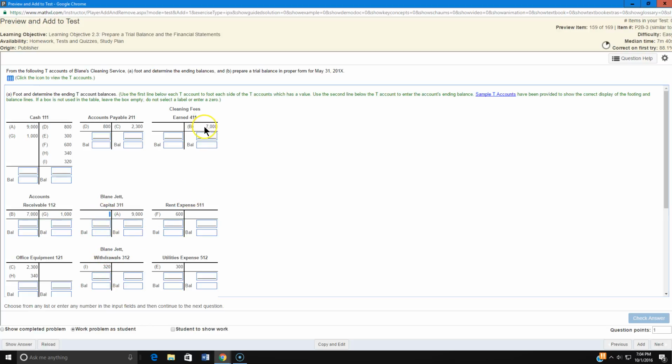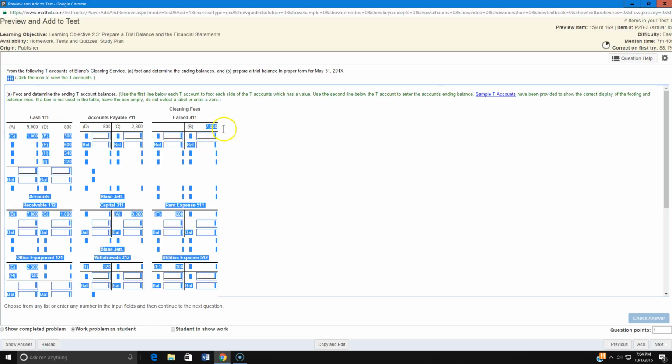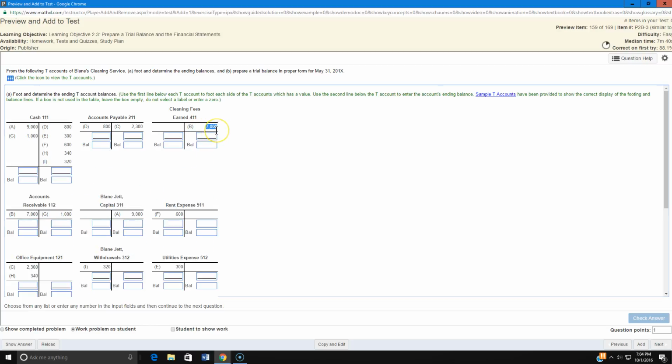Instead of adding to the capital for revenue, we credit the revenue accounts themselves. Again, the revenues, the expenses, and the withdrawals are known as temporary capital accounts. So instead of adding now to capital, we add later.